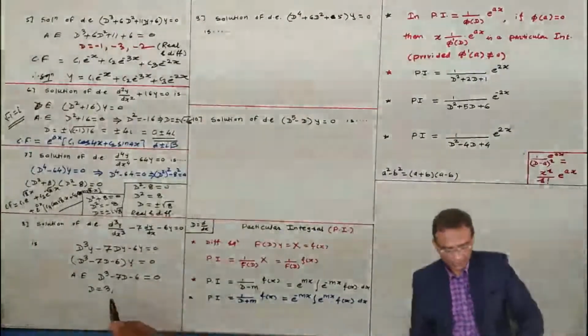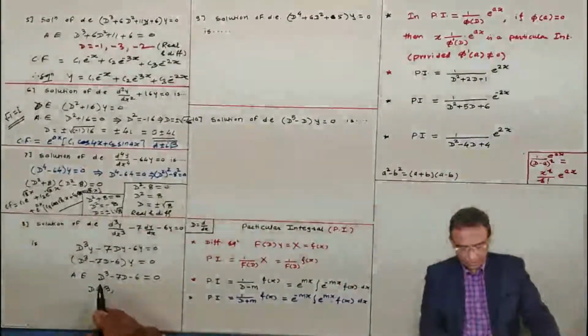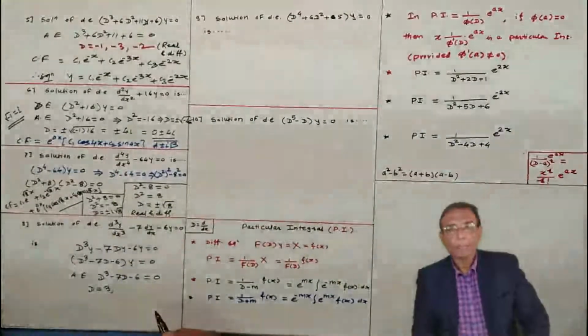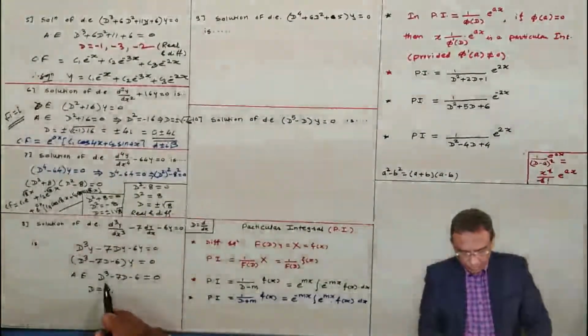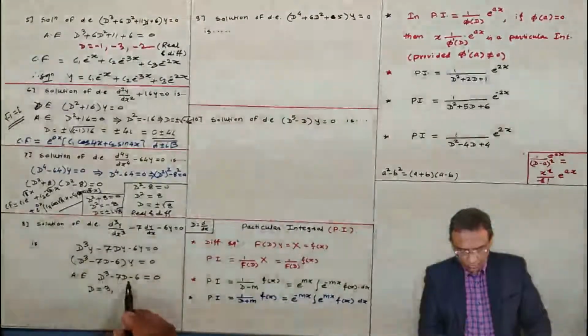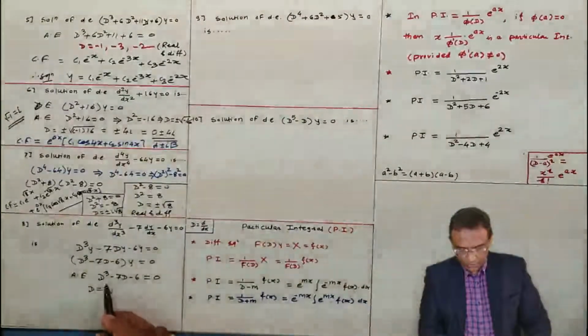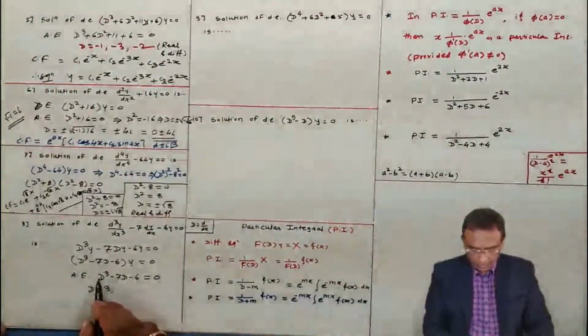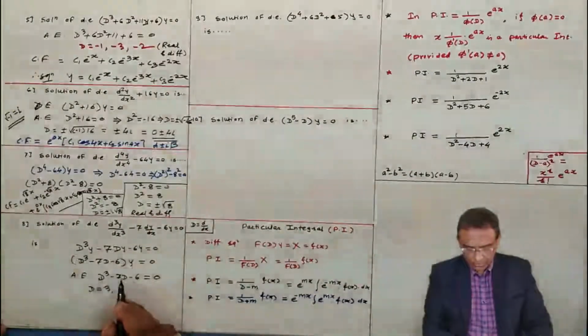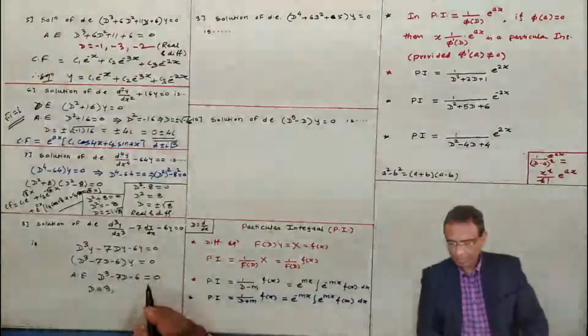The complex root facility is not available in this calculator. So you can find the roots of this, even for D cube minus 7D minus 6.